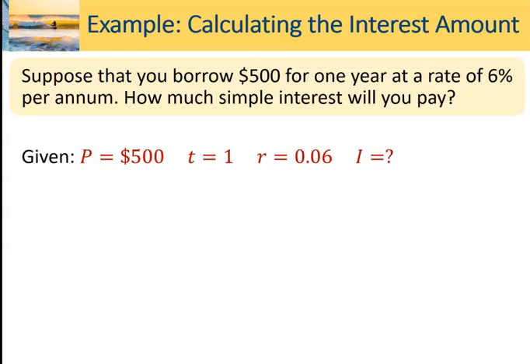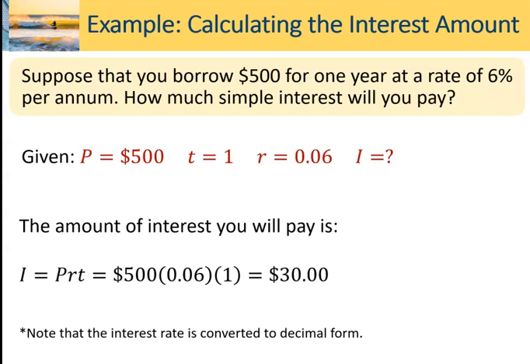We have I, P, R, and T. We need to figure out what the I is, so I equals question mark. We know what the principal is, it's 500. We know what the term is, it's 1 year. And we know what the rate is, 6%, or to put it easily into a formula, 0.06.